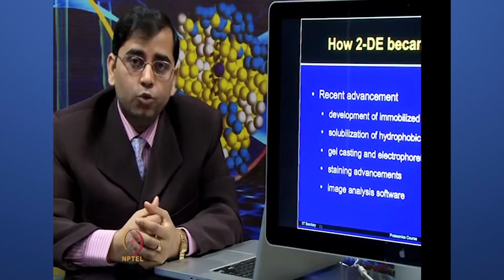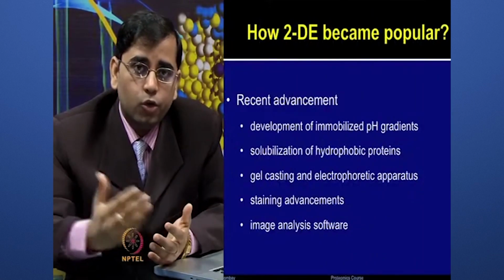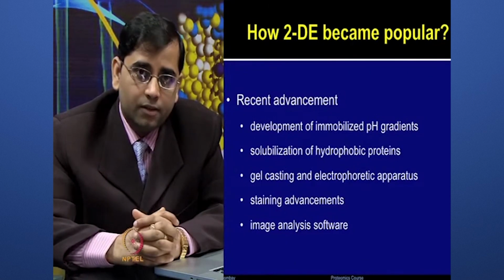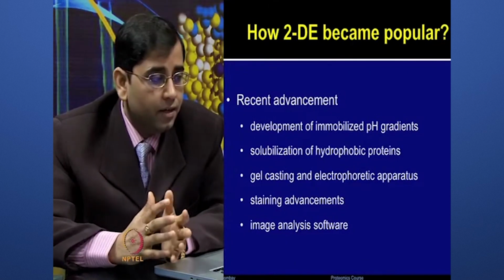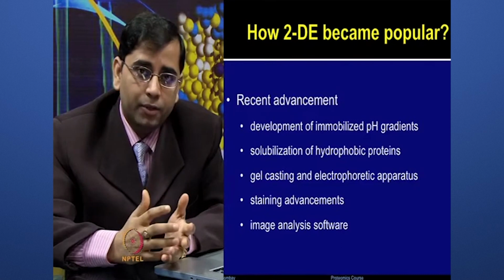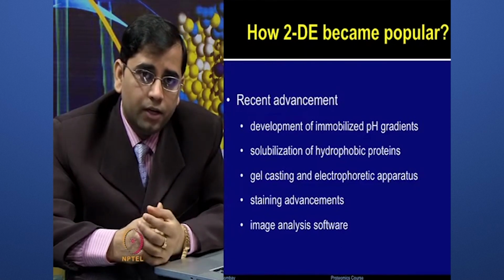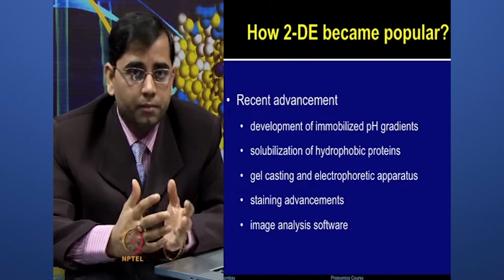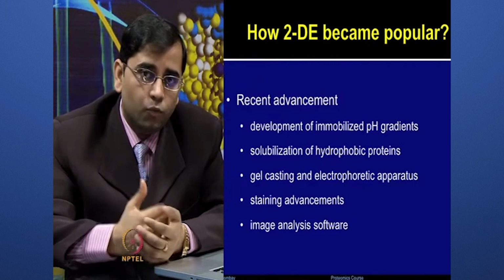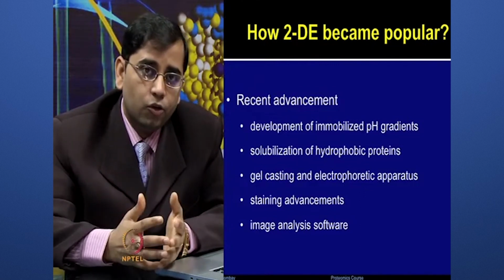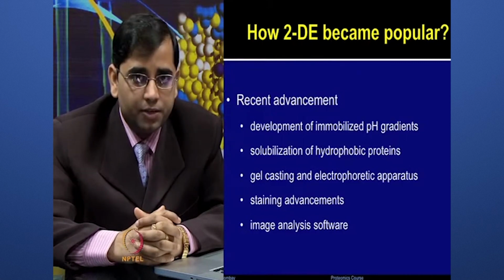Various advancements took place in the course of two-dimensional electrophoresis. In the optimization and advancement of this technology, different milestone research happened which accelerated the pace of two-dimensional electrophoresis research.